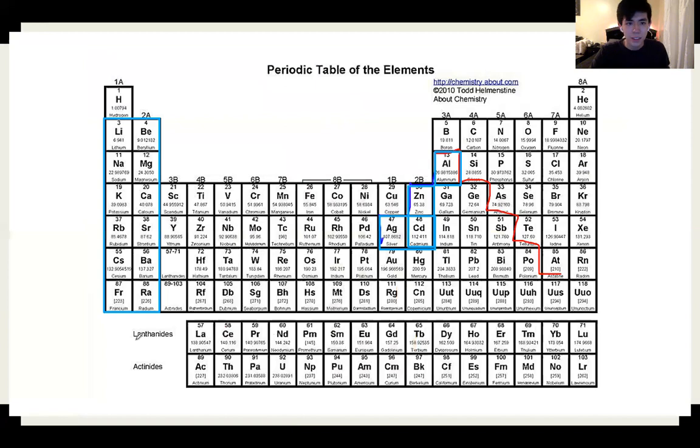All right. So going off of what I said earlier, type 1 metals are everything that's in a blue box. So that includes all of these guys here. Keep in mind, hydrogen is not a metal, so we're not including that. And then we have our reverse staircase here that I was telling you guys about.